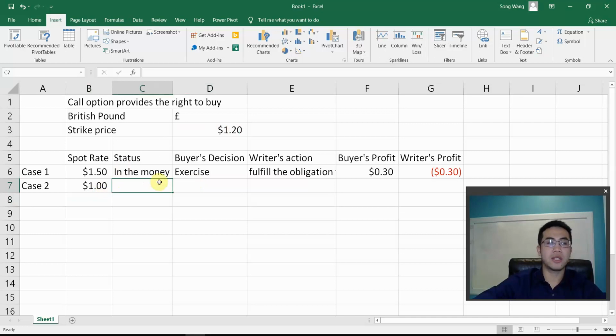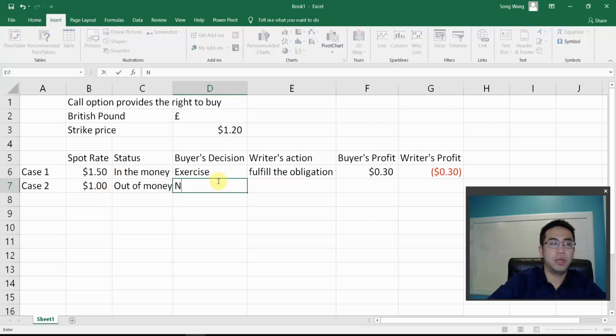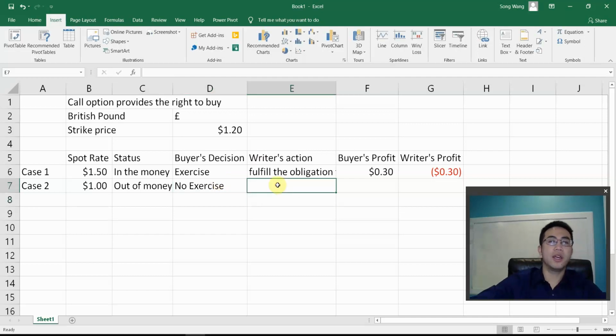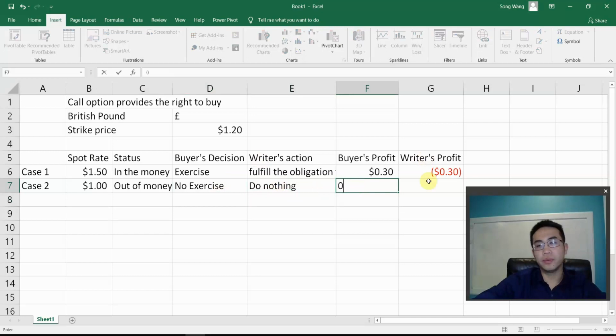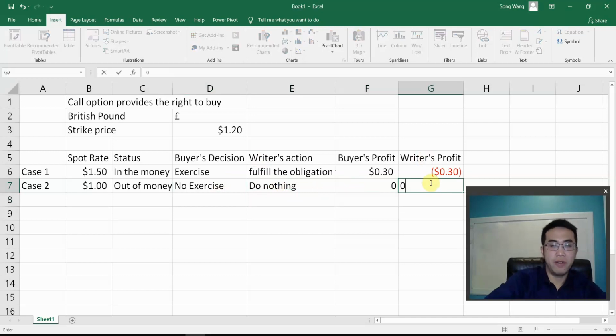If they choose to exercise it, they will have a loss. So this is called an out of the money situation. Then the rational choice for the buyer would be no exercise. And then the writer will just do nothing. The buyer's profit is 0, and the writer's profit is also 0.